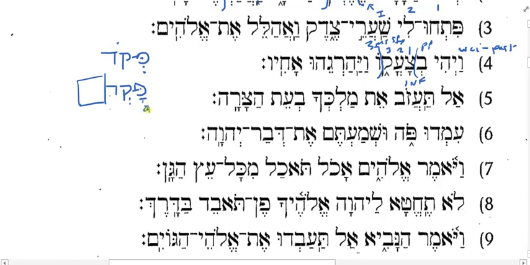Okay, and that's a qamets qatuf. That's what we got here. All right, so what's happened with this little deal here? This is a compound shva. The guttural likes to have those, okay? It should have just been taking a silent shva, and that would have been okay, but here it ends up taking a compound shva, all right?